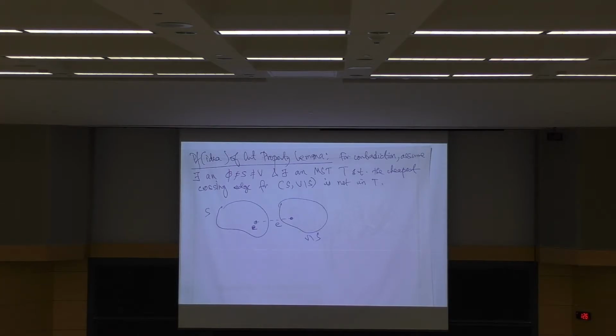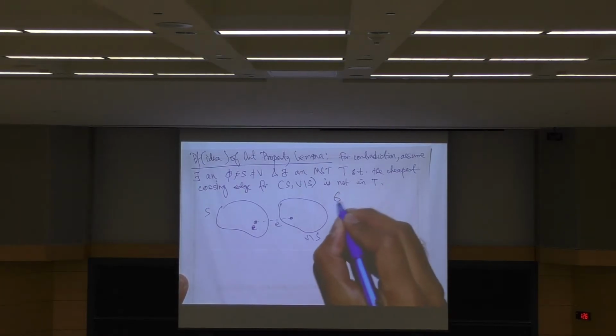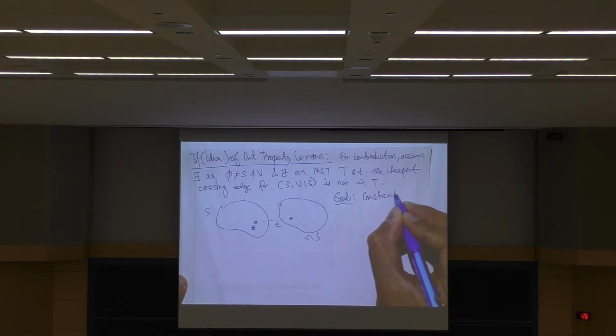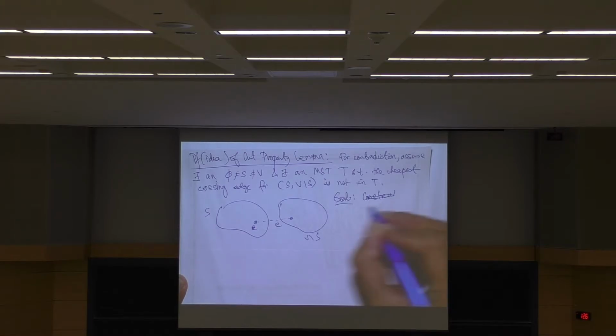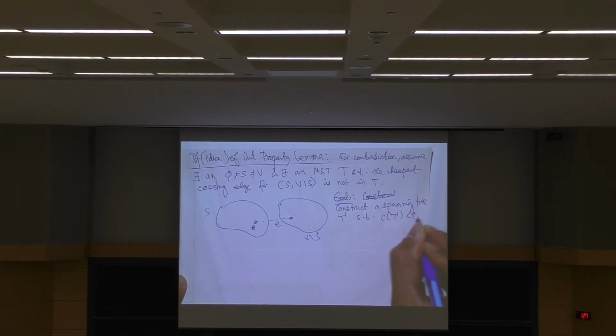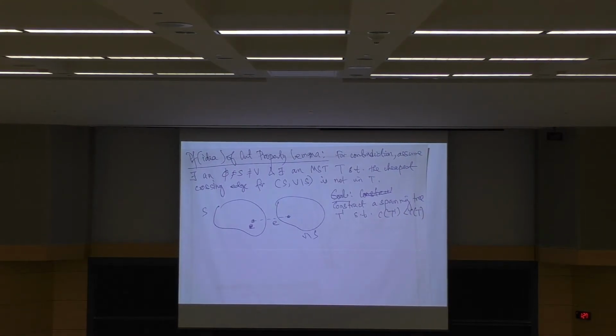And so we want to come up with a contradiction, and the way we're going to do it is construct another spanning tree that has cost strictly smaller than T, and that would contradict the assumption that T is an MST. So the goal is to construct a spanning tree T prime such that the cost is strictly smaller, and again this is a contradiction because we assumed T is an MST.